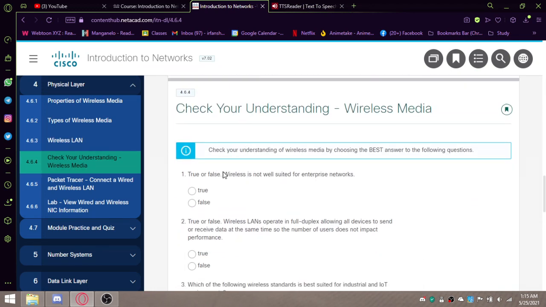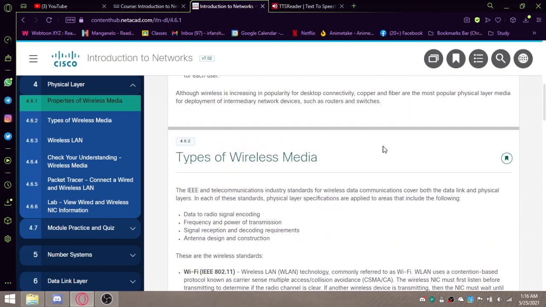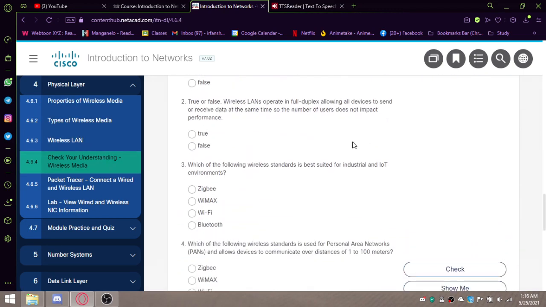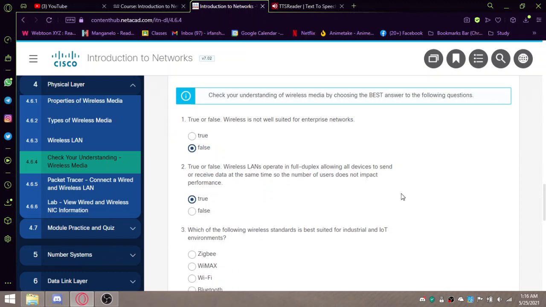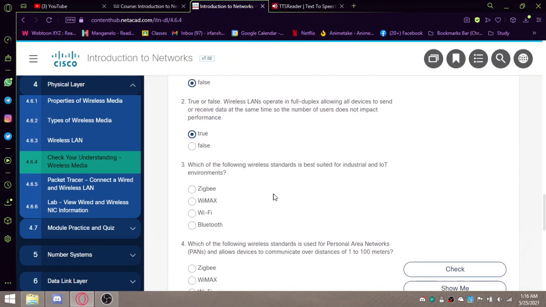Oh, dah ni tanya lah. Wireless is for enterprise network. Enterprise network. Tak sesuai. Tak apa, aku tunggu je tu.